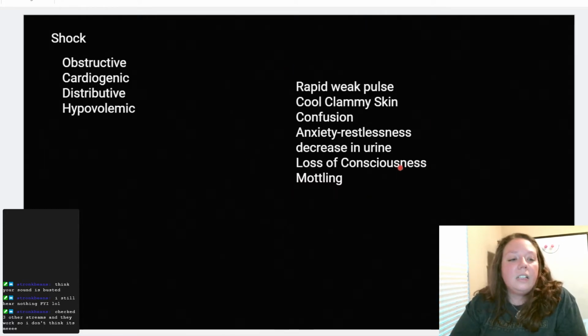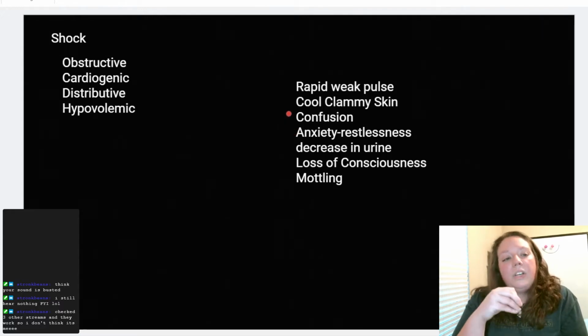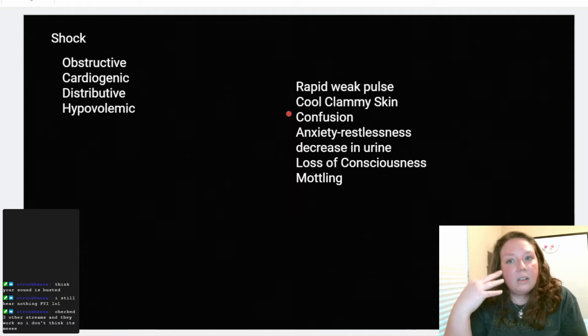Confusion, loss of consciousness. These two can go together. And anxiety, restlessness. These three go together. When you don't have blood flow somewhere, that includes the brain, so that can cause you to have an altered mental state. Last week I was talking about restless patients.